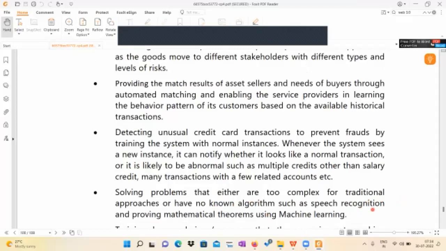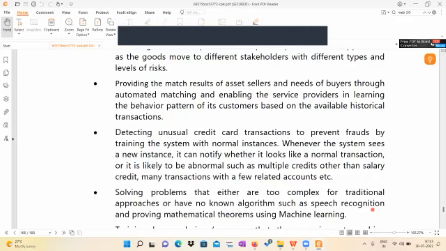For the purpose of speech recognition, you cannot create a normal program, because it involves a lot of factors. So only artificial intelligence can do that.